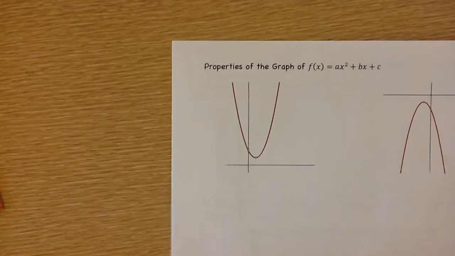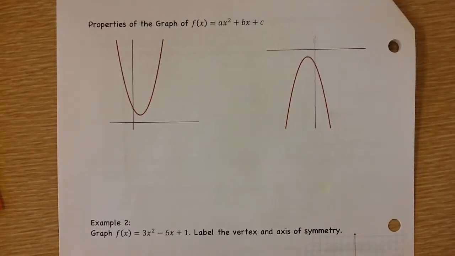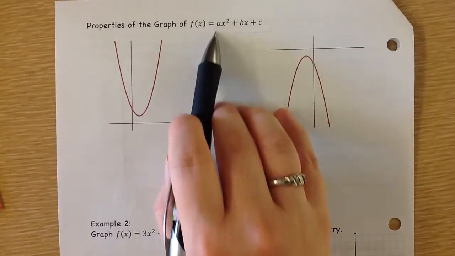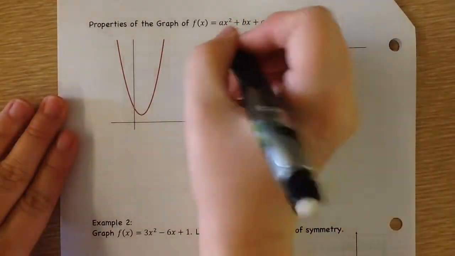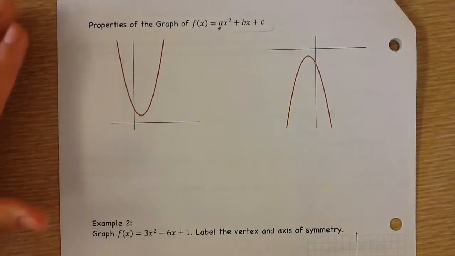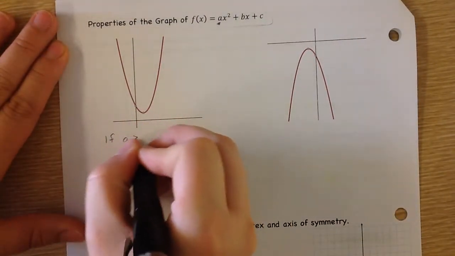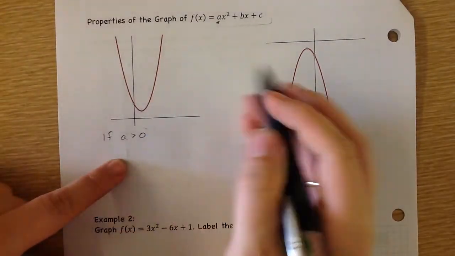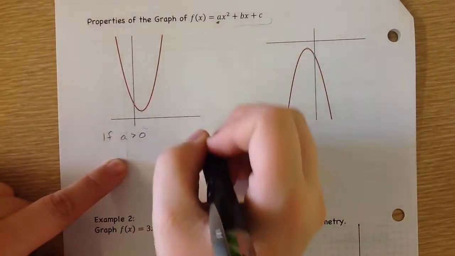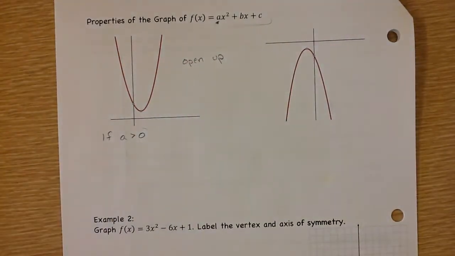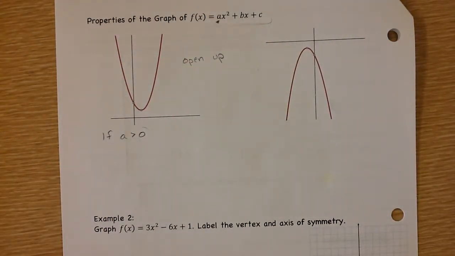If I have a parabola, but they give me the equation in standard form, first of all, if this a is positive, greater than 0, then it's going to look like this. If a is positive, it's going to open up, like that.